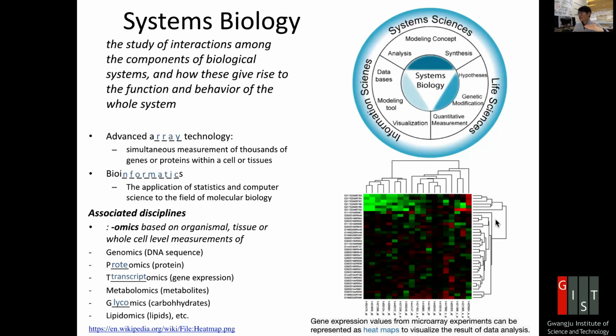And the algorithm arranges all of this so that you can see similar parts similarly arranged. These gene expression values are from microarray experiments, and one can use heat maps to visualize the results of data analysis. This allows us to comprehensively understand what's going on, not at a single level, but across thousands of experiments.